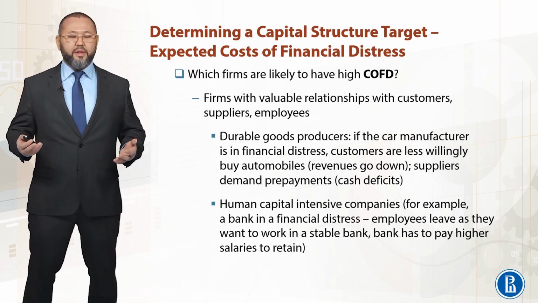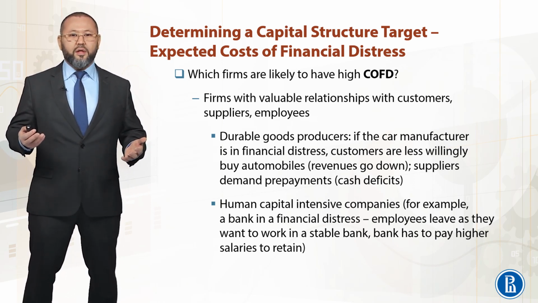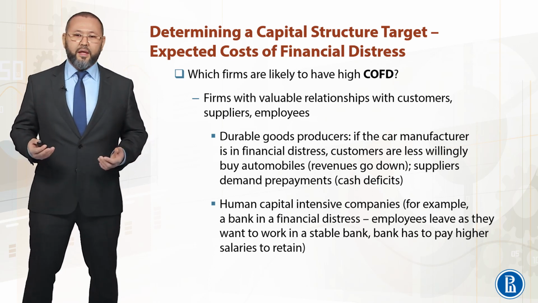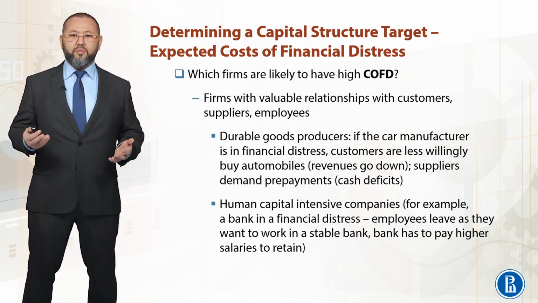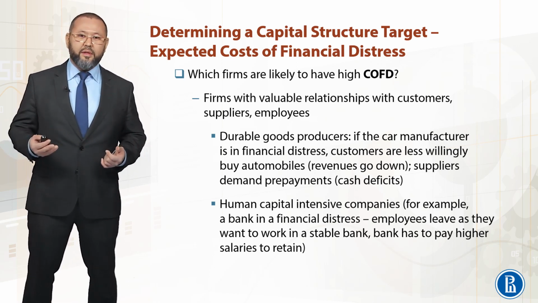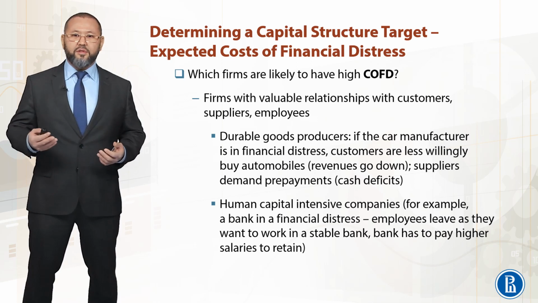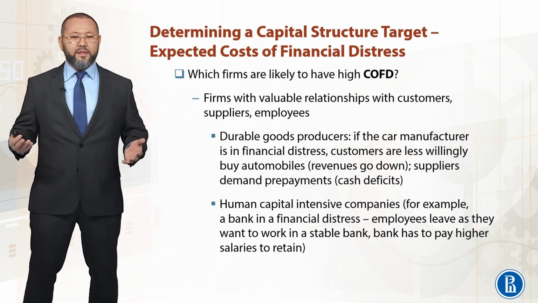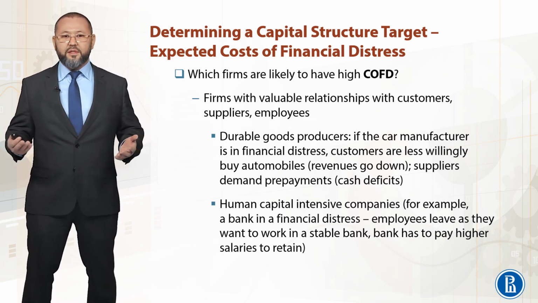So that leads to decreased revenues. And suppliers of this kind of automobile producer demand prepayments. They don't want to deal with a company in financial distress. And that leads to cash deficits.